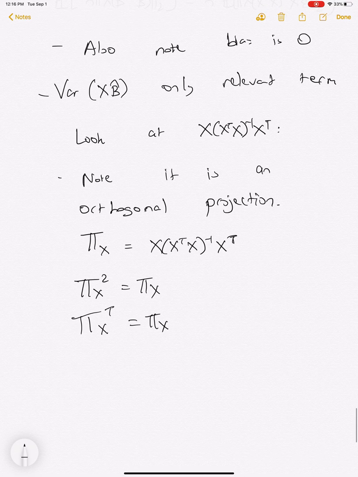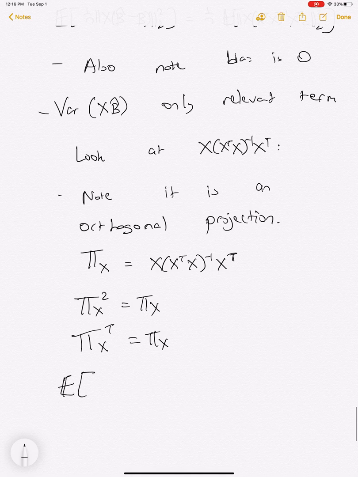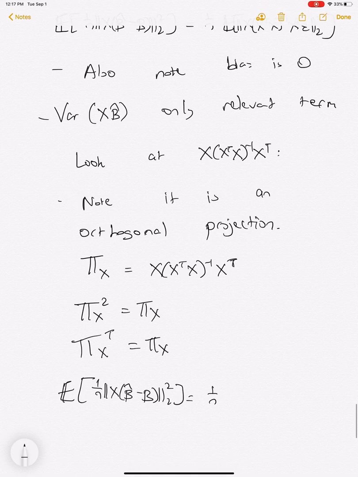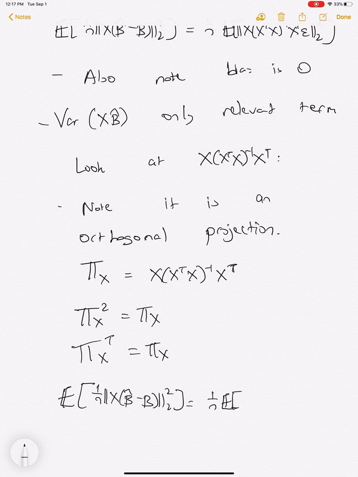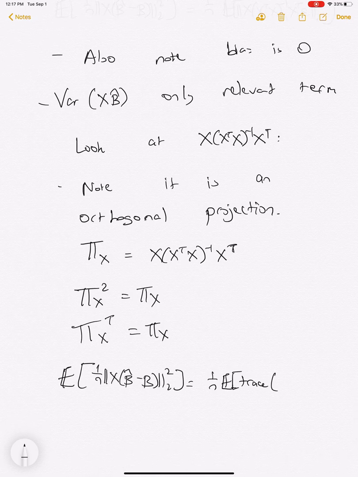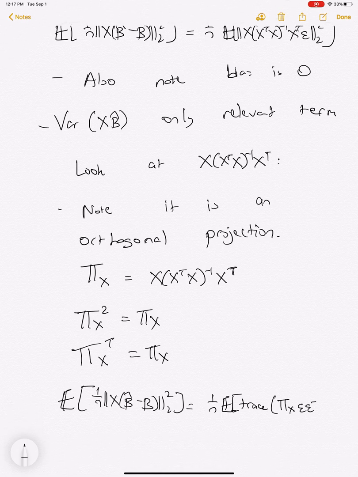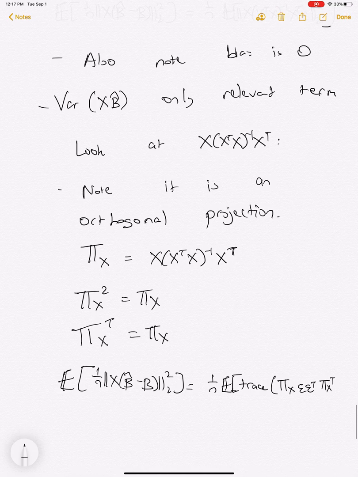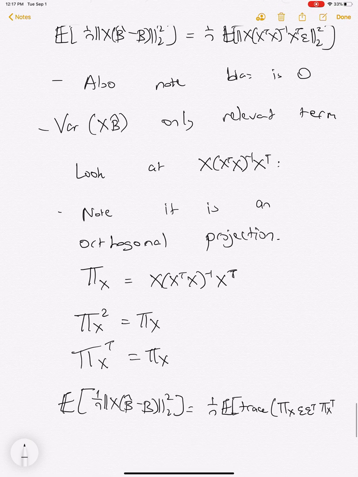So what that means is that if we look at this, then we once again can rewrite this as the trace of pi x epsilon epsilon transpose pi x transpose.